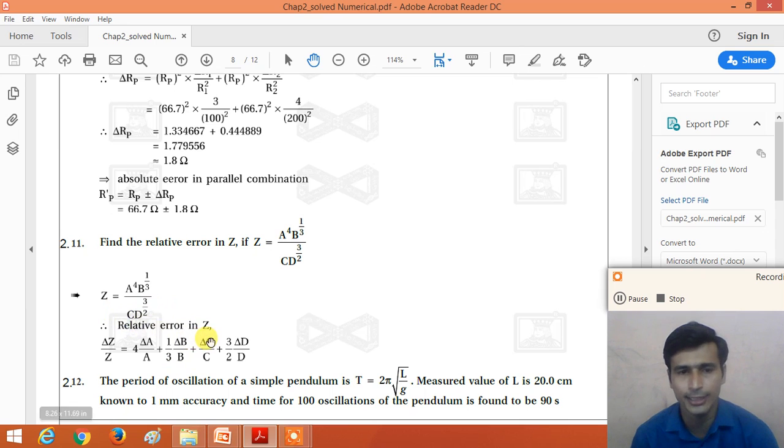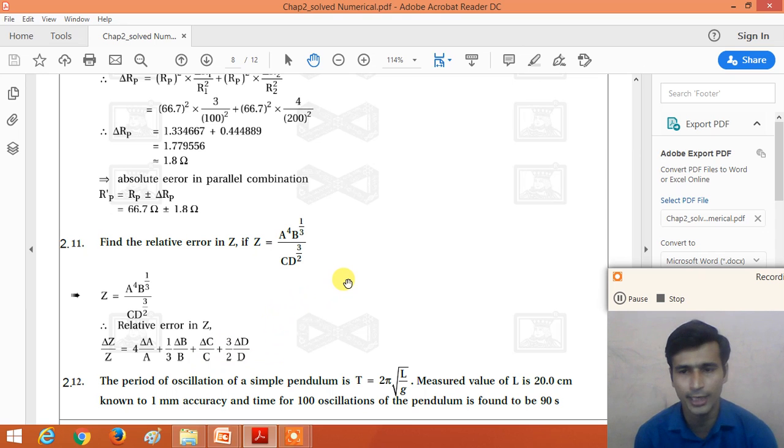Error in C, delta C by C, the power of C is 1, so no need to multiply. And the error in D is delta D by D and the power is 3 by 2. So the relative error in the final result is delta Z by Z equal to 4 times delta A by A plus 1/3 times delta B by B plus delta C by C plus 3 by 2 times delta D by D, right?